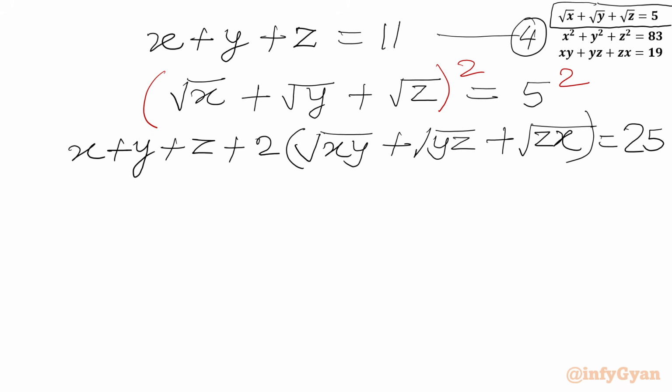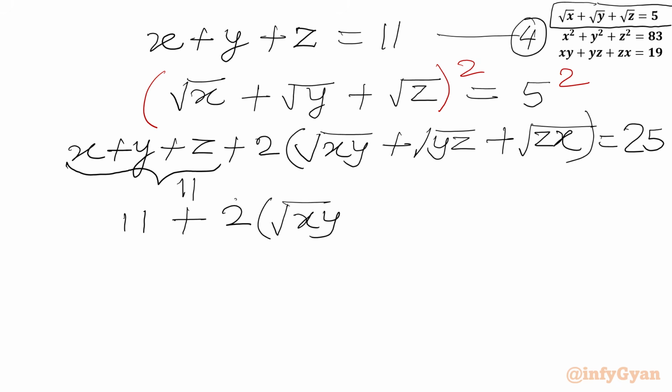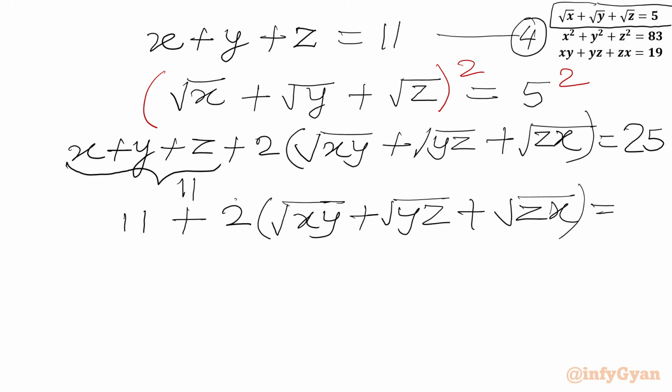Now we are going to put equation number 4 here. So this is 11. I will write 11 plus 2 times in the bracket square root xy plus square root yz plus square root zx equal to 25. Now we have to subtract 11 from both the sides to cancel 11 from LHS. So plus and minus 11 will be over from LHS.